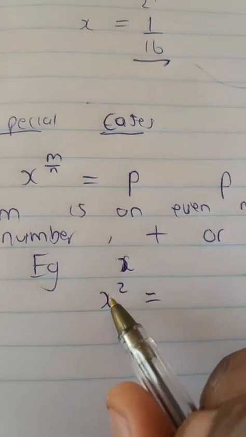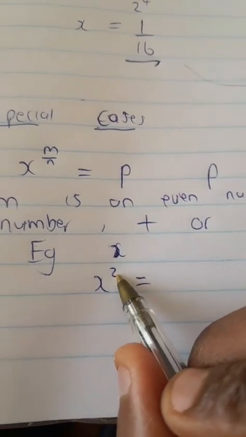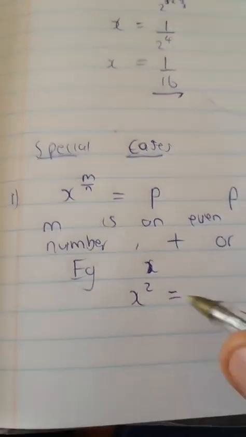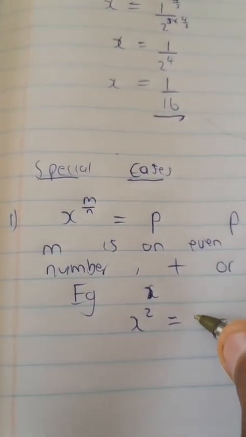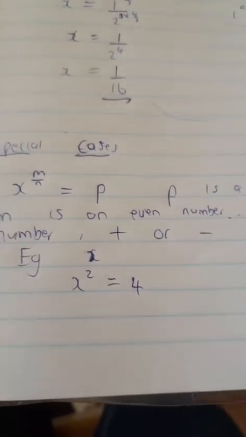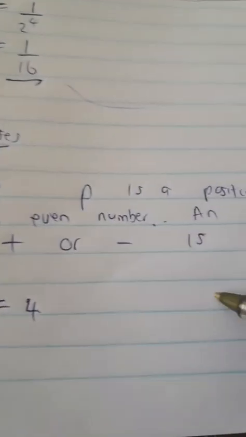So let's look at this. Let's say for instance, x to the power 2 is equal to 4. What do you see here? This is x to the power 2, and the exponent is even.